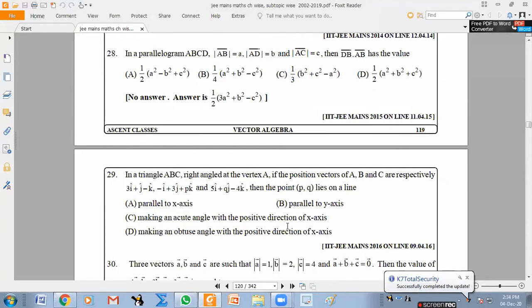Up to 30. 28, sir. Okay. So 28, I think there is some key mistake in what we gave as the answer, but how to do it, let us see. ABCD is a parallelogram. They want DB dot AB.